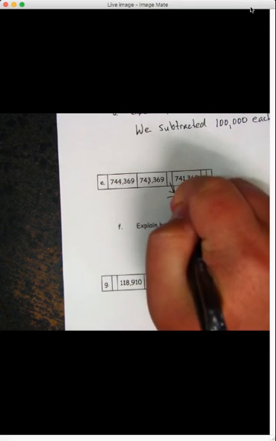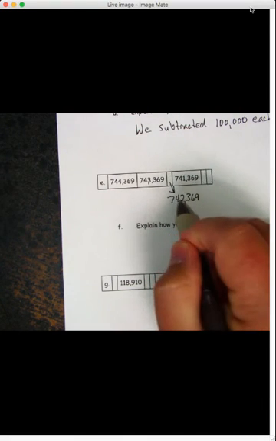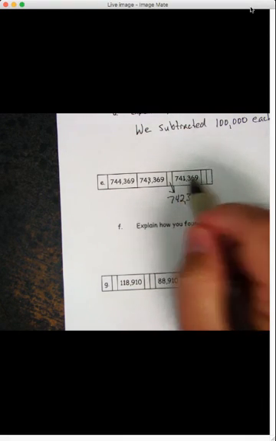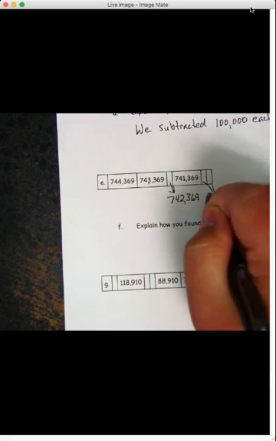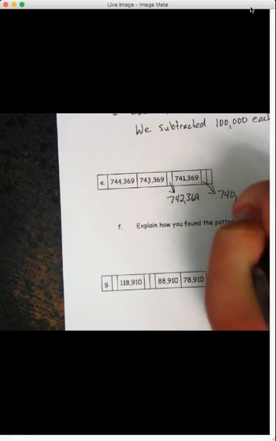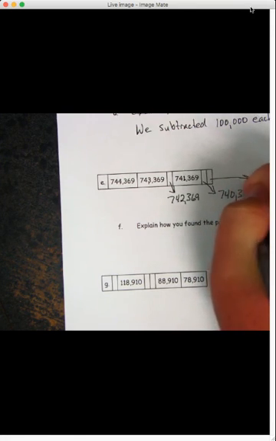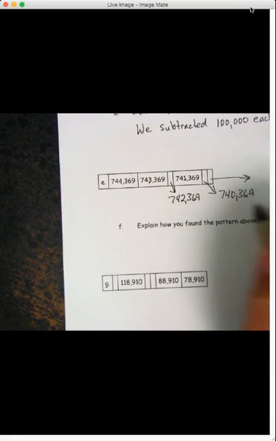So 742,369. Then it went down 1,000 more to 1,000. Let's go down 1,000 more. That's going to be 0,000. 740,369. And oh my goodness, we don't have any thousands to take away. What are we going to do?